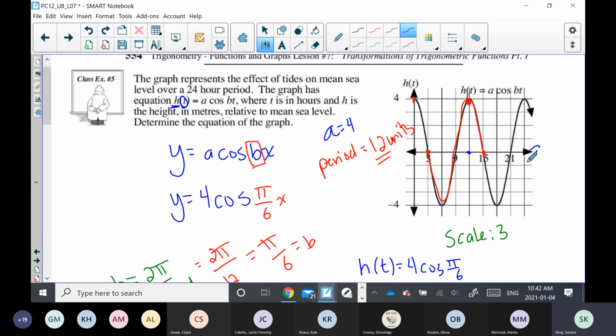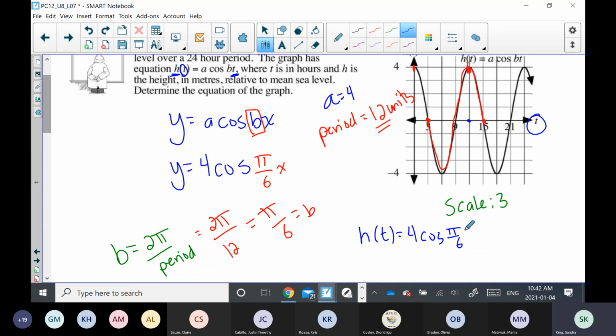And x is t, right? They changed the x. X is going to be time. And so for whatever port that is, that's the equation that the harbor master would use to figure out when the ships can come in, when they must go out. Okay.